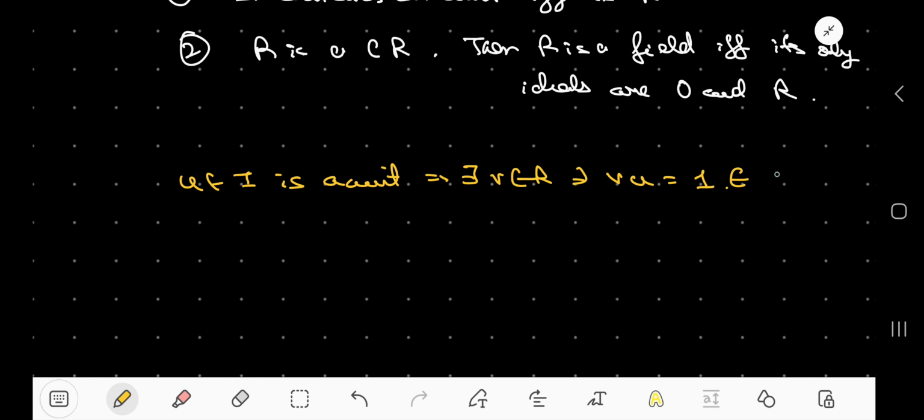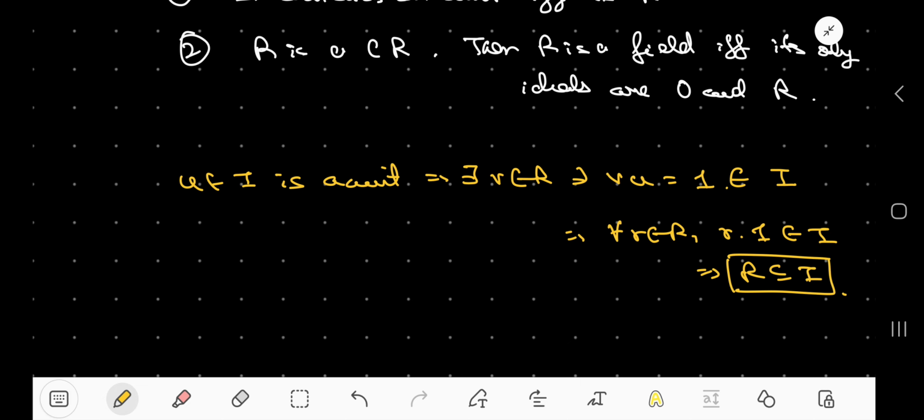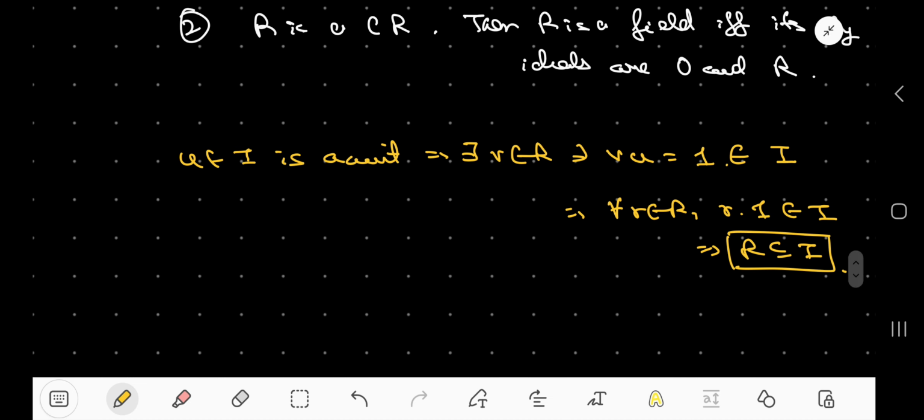But then this must be inside I, because v comes from R, and since we are talking about an ideal, it must be closed under multiplication by elements of R. So if 1 is in I, then for all r in R, r times 1 is also in I. We have the both-sided inclusion again, because R is contained in I and I is obviously included in R. So this proof is fairly simple. The next proof is also fairly simple. Suppose R is a field, then all its non-zero elements are units, right?